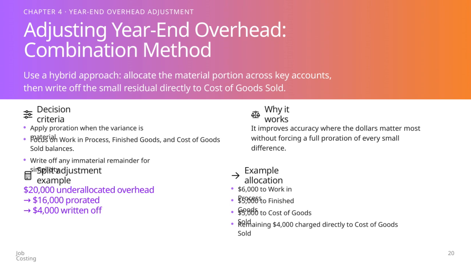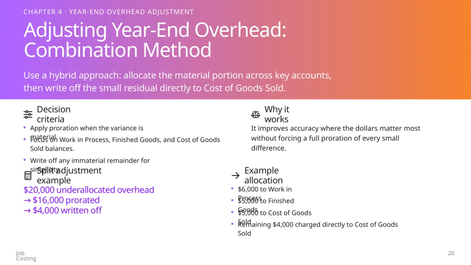Why does this method work well? It strikes a balance. It enhances precision for the significant dollar amounts without the burden of prorating every minor difference. For example, if there's a $20,000 underallocated overhead, $16,000 might be prorated across accounts, while the remaining $4,000 is written off directly to cost of goods sold.